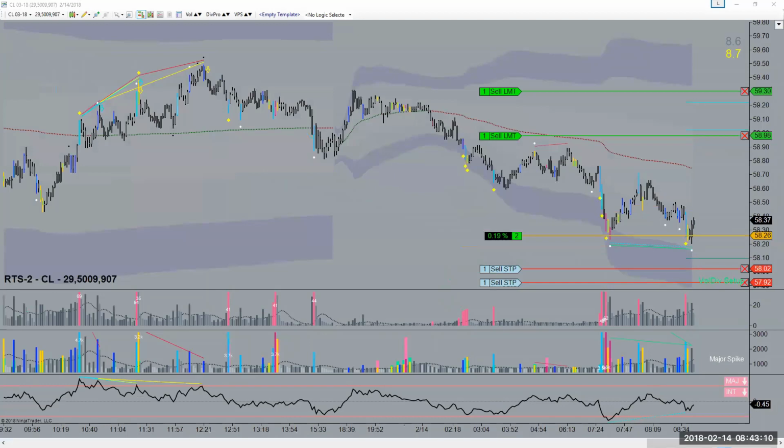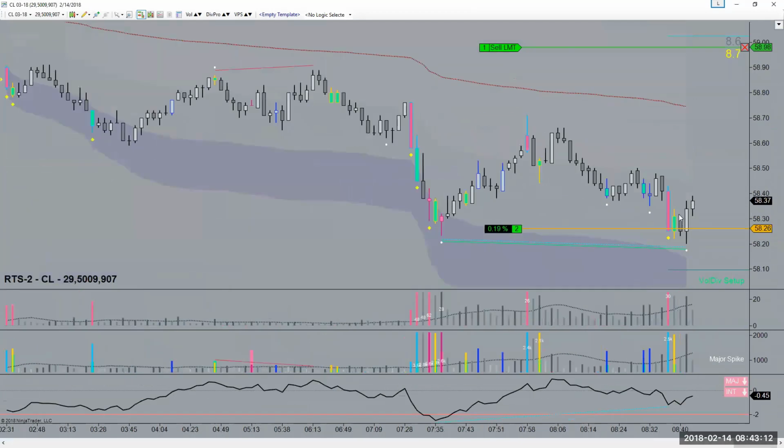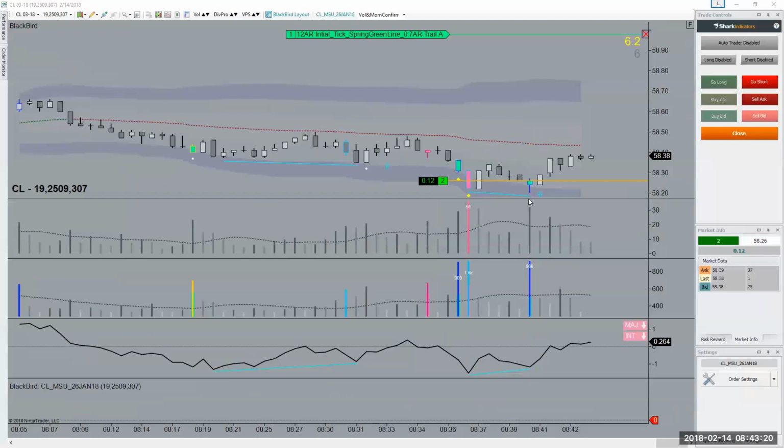Selling climax followed by a churn bar here at the low. And then it drifted a little bit lower, increased volume, back to the upside that you can see right here. So this was the end of that selling climax, that 2-bar pattern on the RTS 2 chart. And then it turned up a little bit, came back down, broke below the low, and right when it broke below the low, you had the increased volume coming back in right there.